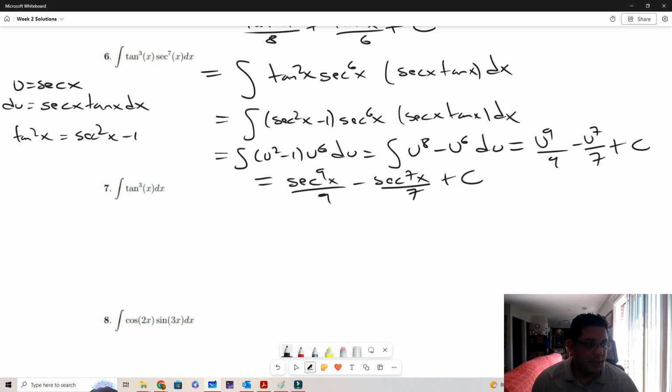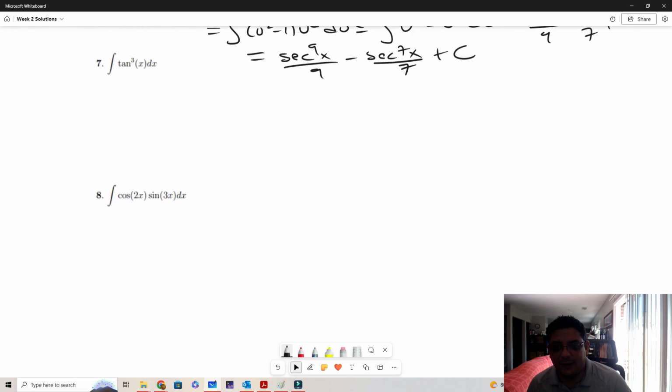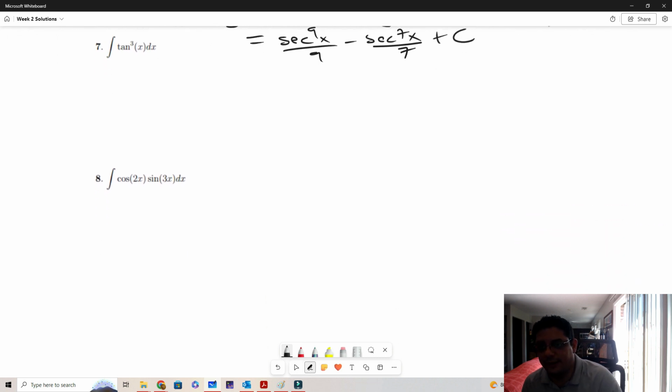Okay. Now, if I have this tangent cubed of x, I can kind of follow the same arrangement. So I can see u being maybe tangent, right? But if I have that, then the du is going to be secant squared.